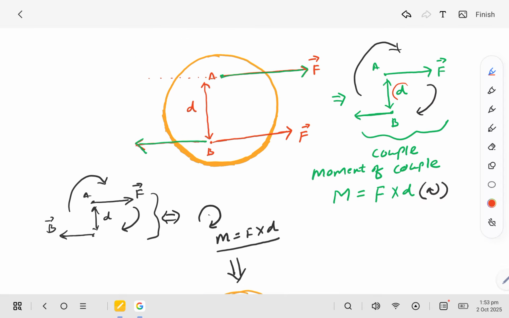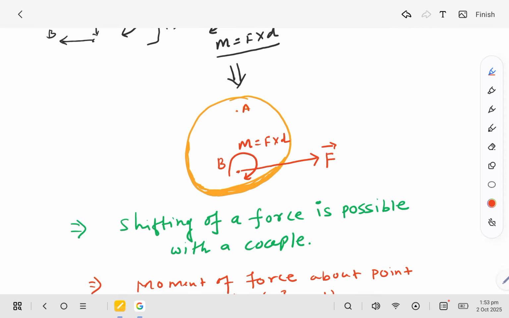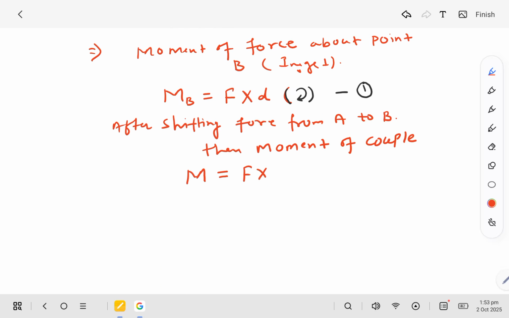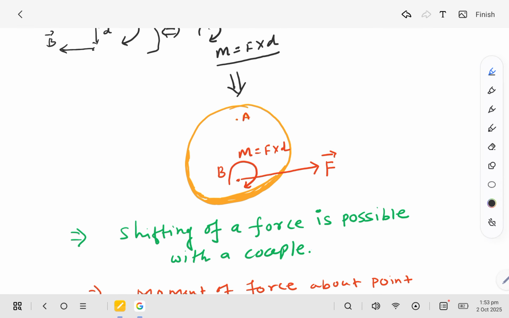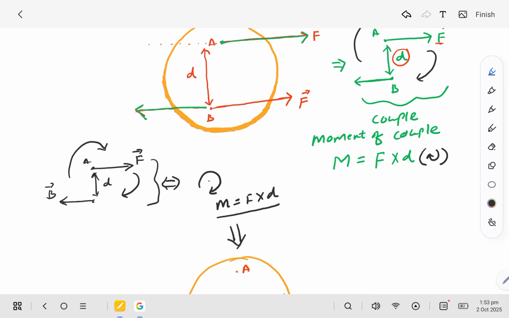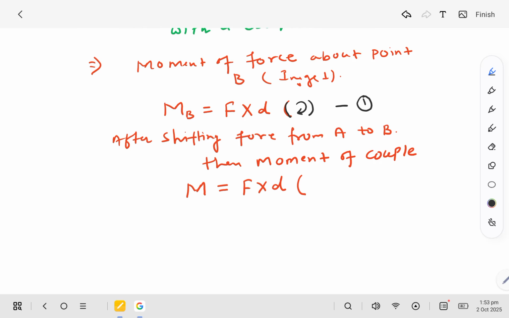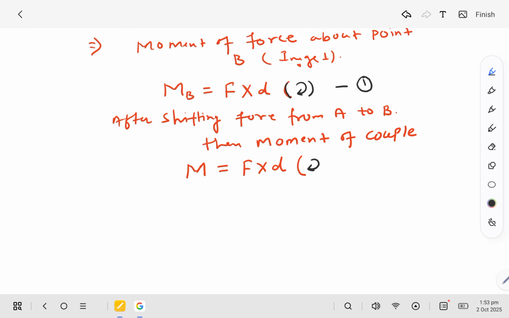This is D, force magnitude is F, so the moment of couple is F into D, and this couple has a tendency to rotate the body clockwise, as does this one. So this implies that the moment MB is equal to the moment of couple.